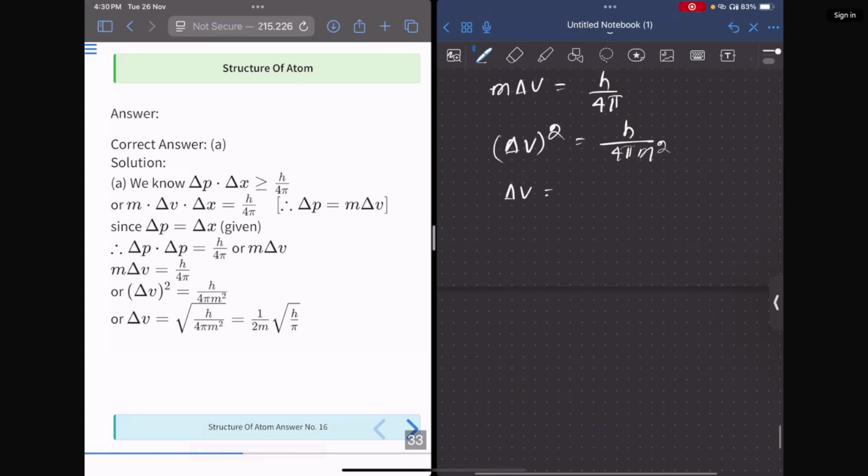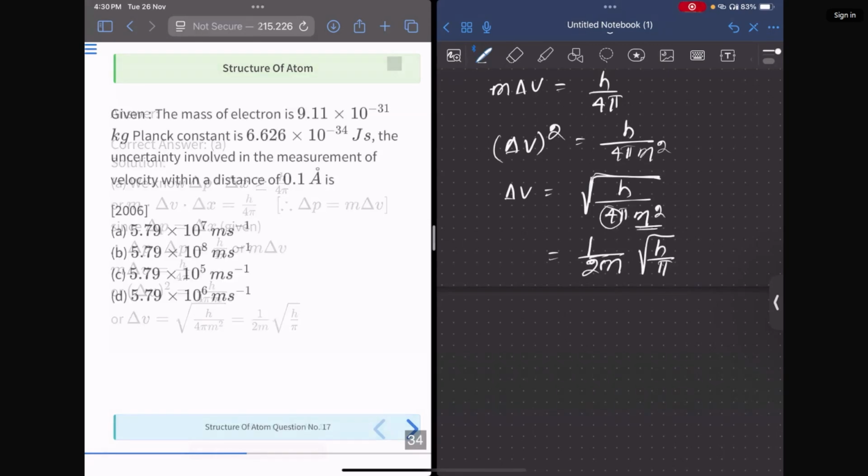Del V equals root over of h by 4 pi M square. Here root over of 4 pi is 2, root over of M square will be M, and h by pi. Okay, so the correct answer will be option A.